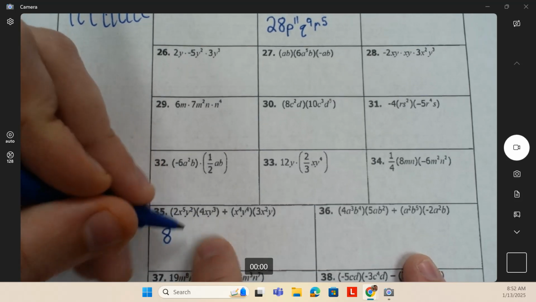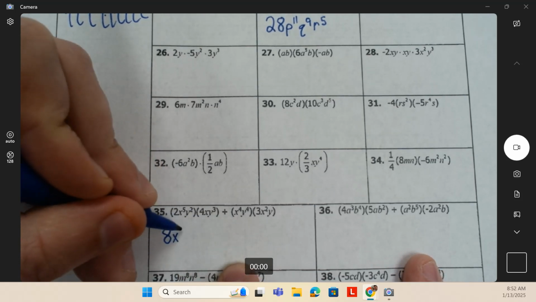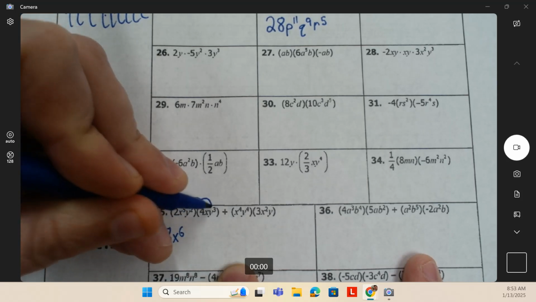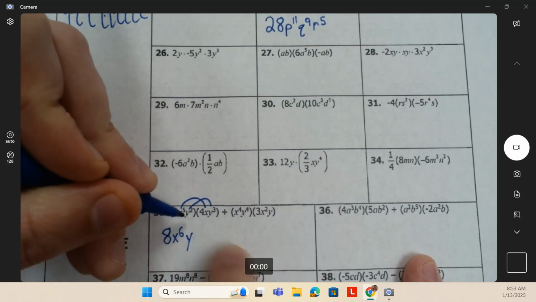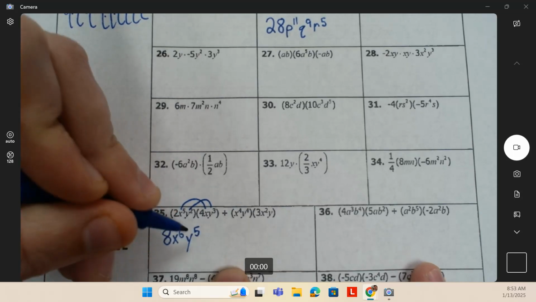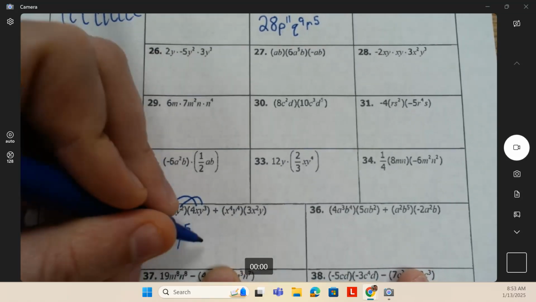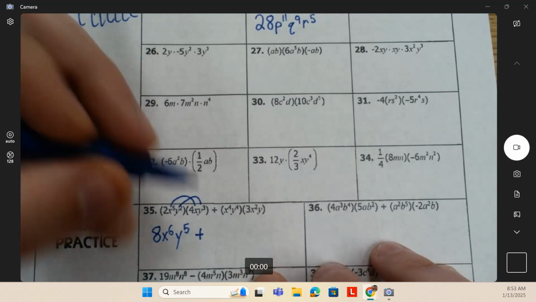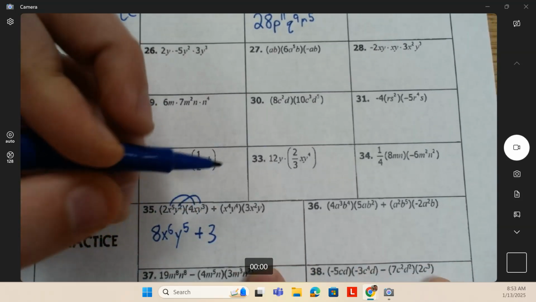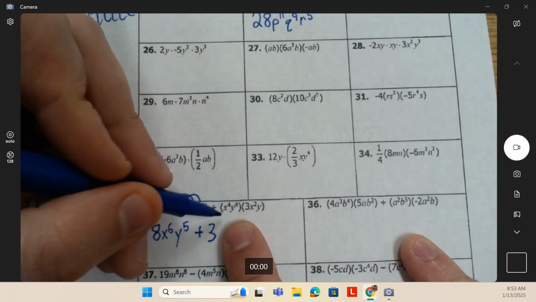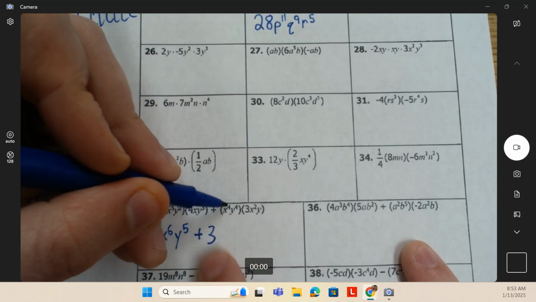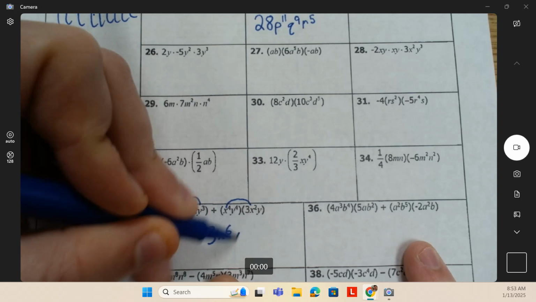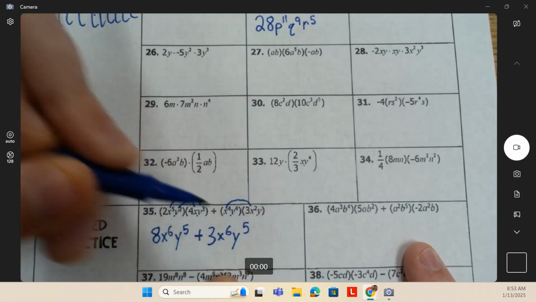X to the 5th, x to the 1st, will be x to the 6th when I add those together. Then y squared and y to the 3rd gives me y to the 5th. Then I'll put my addition sign, and the only coefficient it looks like I have is 3. Then x to the 4th plus x squared gives me x to the 6th. And then the y's add together to give me y to the 5th.